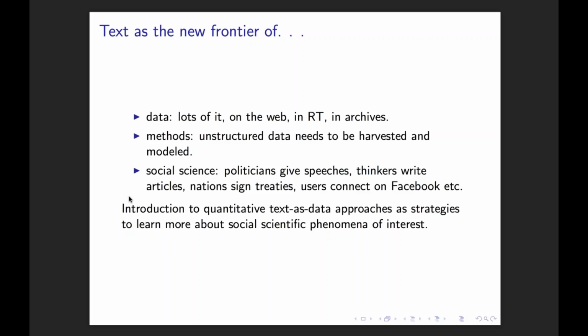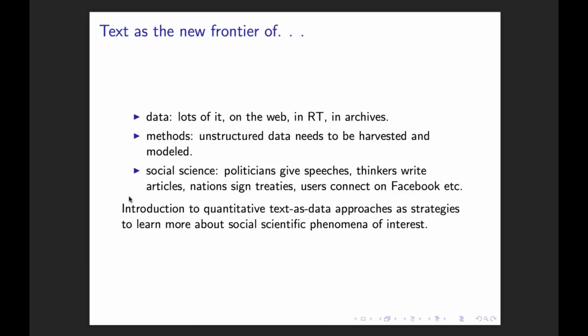And then, of course, voters connect on Facebook, on Twitter, et cetera. And so all of these types of forums provide some sort of textual information which needs to be structured, and from that structuring can then be used as inputs in quantitative social science processes.